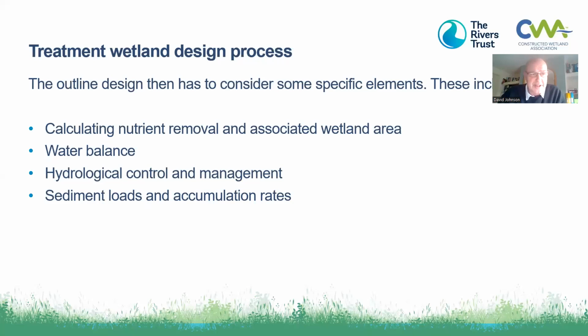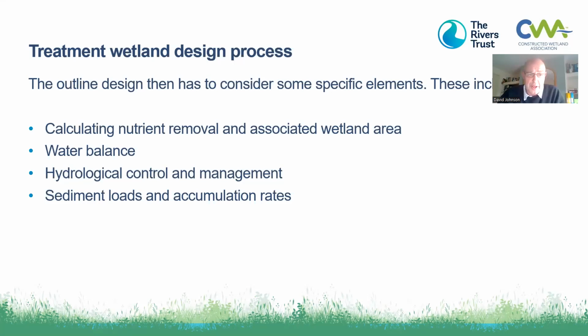The third step is the outline design process, and there's 4 calculations that need to be done in this third step, which is basically calculate the water balance, make sure that there's enough water in the wetland for all the seasons, so that the wetland is always going to have enough water for the processes to work.